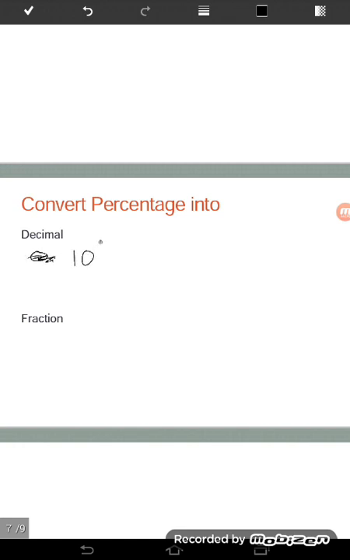Example: 10%, convert into decimal. 10% divided by 100%, the percents cancel. 10 divided by 100, the answer is 0.1.